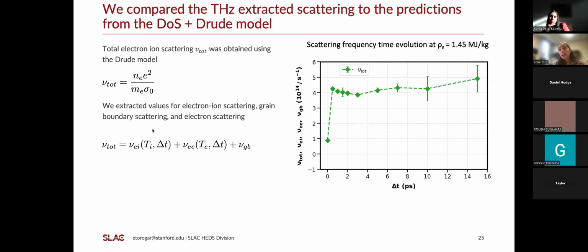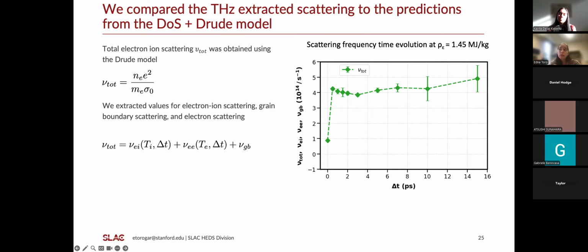And the scattering is relevant because you can separate it into what part is coming from the electron-ion collision, what part is coming from the electron-electron collision, and what part is coming from the grain boundary scattering that I talked to you about in the past.